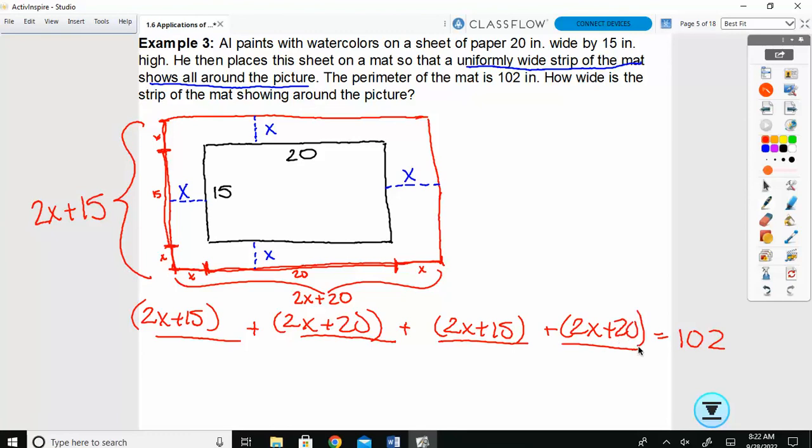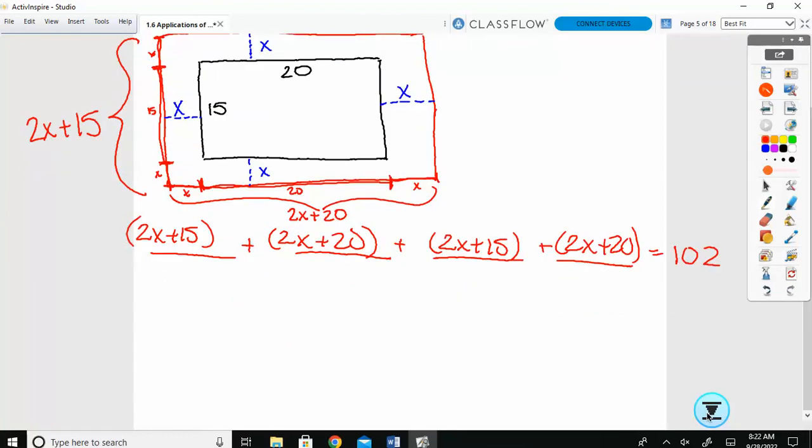What would be a shorter way of writing it? 2x plus 15, 2x plus 20. You have 2 sides that are 2x plus 15, and 2 sides that are 2x plus 20. So, 2 ways of writing it. It's just however your mind works, whatever makes the most sense to you.